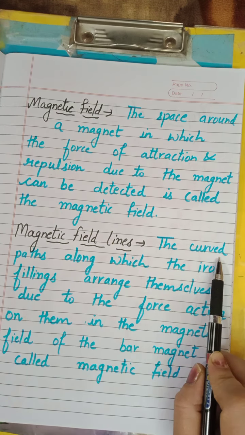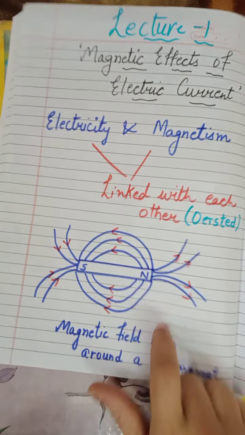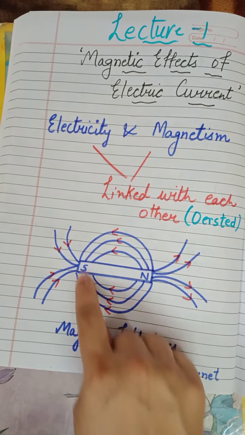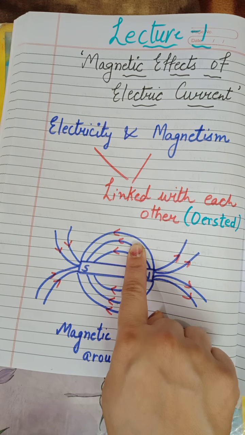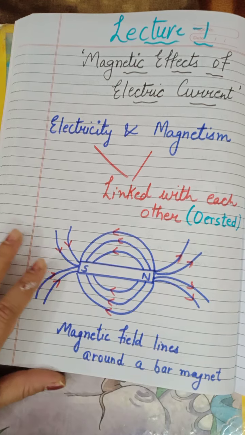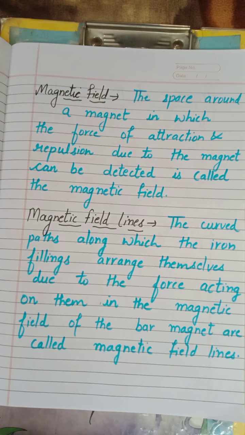कैसे अरेंज करेंगी, जैसे हमने ये बार मैग्नेट ली, इसके अराउंड आयरन फिलिंग्स हमने स्प्रिंकल कर दी हैं, ऐसे ही. ठीक है. फिर हमने टैपिंग की. जब टैप करेंगे तो वो अपने आप को कंसेंट्रिक सर्कल्स में अरेंज करेंगी. वो कंसेंट्रिक सर्कल्स क्या शो कर रही हैं, they are representing magnetic field lines.